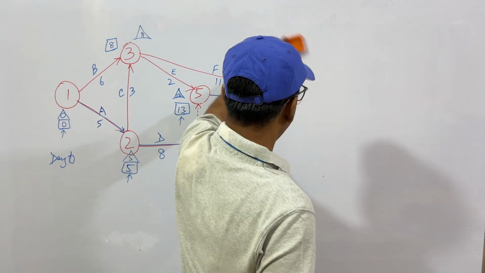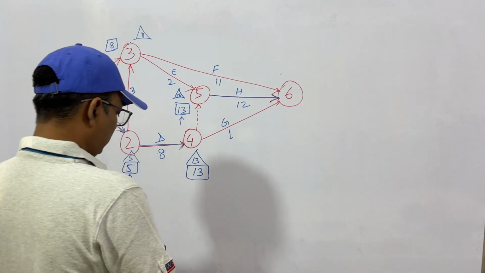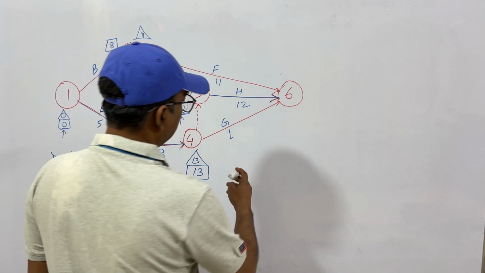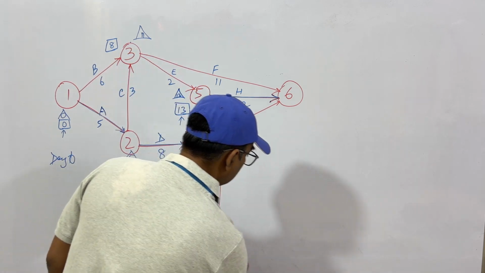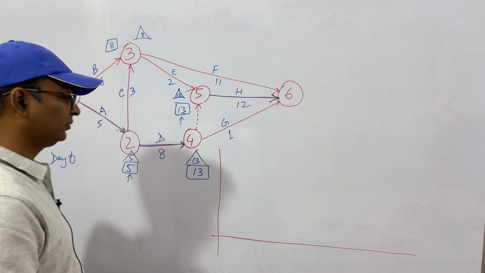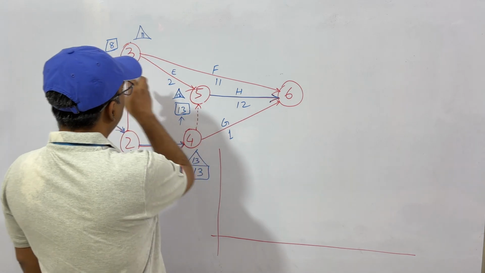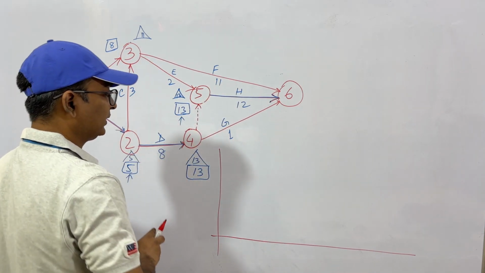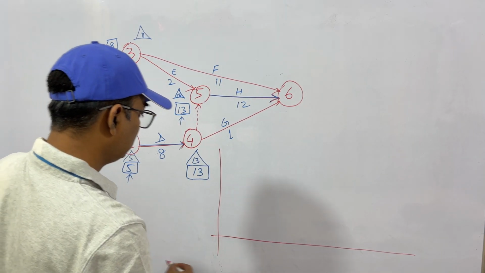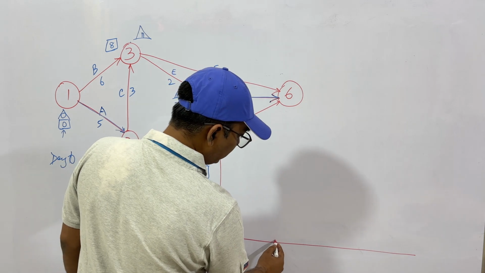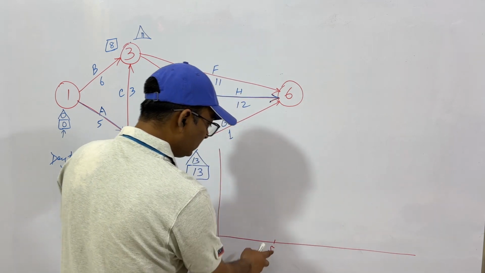What we do? See, we will make sort of graph. Let's say this is your graph. We stagger the critical activities first. Let's say this is 5. No, this won't be in a scale.